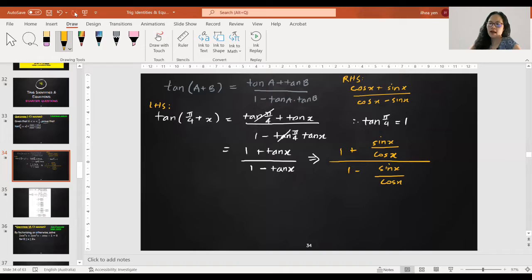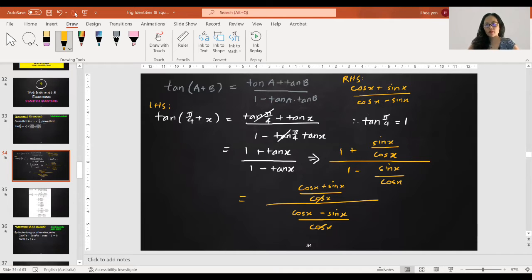Excellent. Now we need to make a common denominator. The top becomes cos x plus sin x, with cos x as my common denominator, and the bottom becomes cos x minus sin x, over cos x. I can cancel this out because the bottom one will flip over and they can cancel.